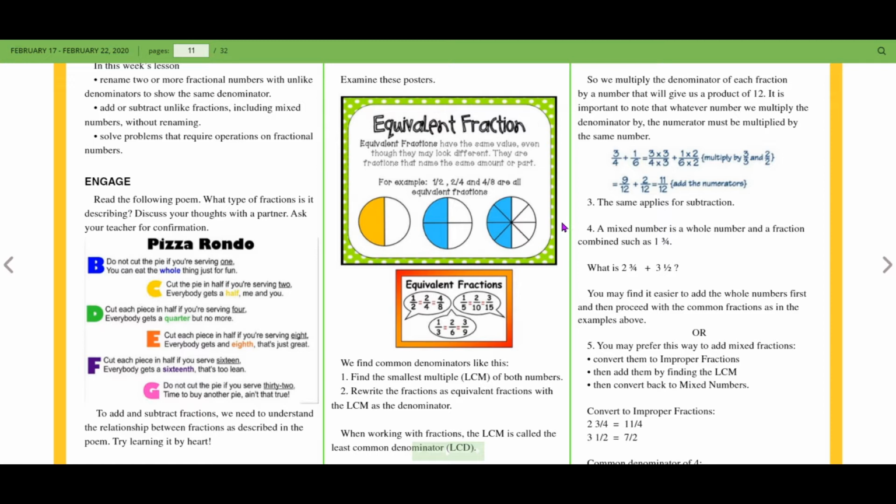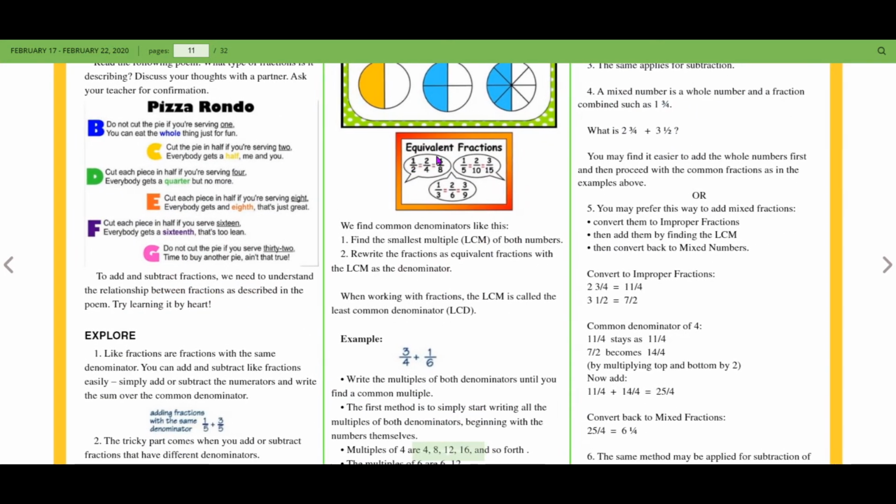Same person, just using two different names. So a half is the same as 2/4, which is the same as 4/8. Equivalent fractions: a half, 2/4, 4/8; 1/5, 2/10, 3/15; 1/3, 2/6, 3/9.